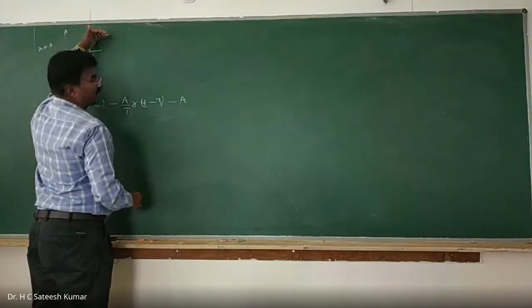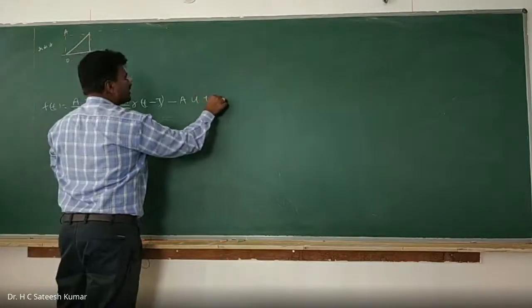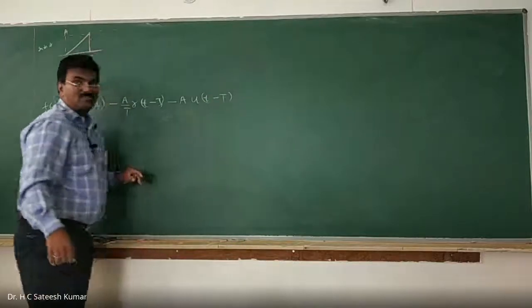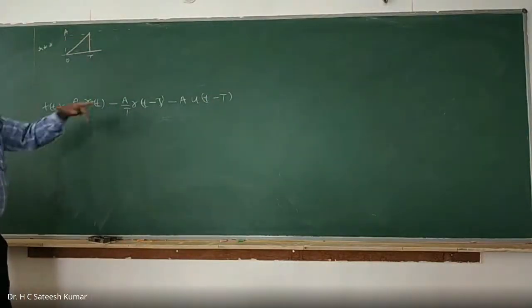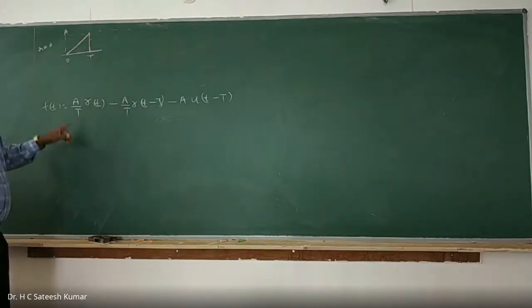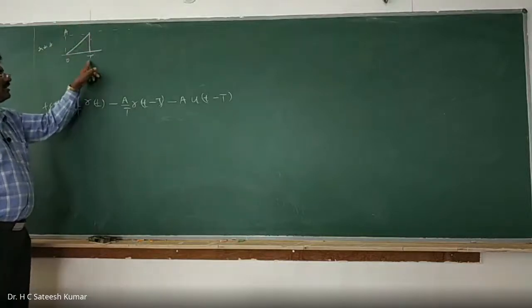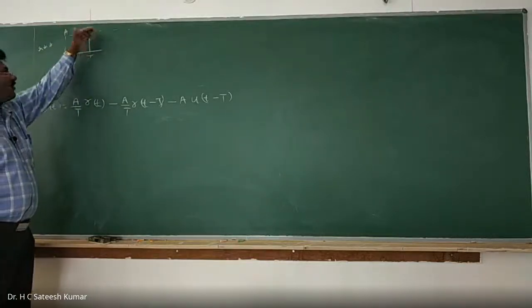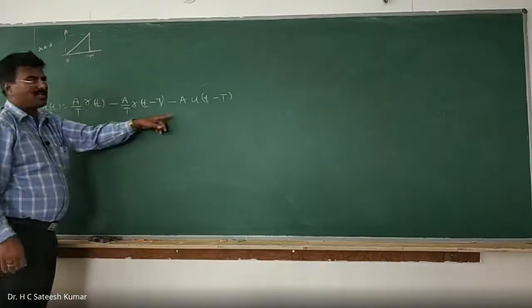It's not a ramp; it should come down by a step, u of t minus T. That's why minus A, the step size is A here. So the ramp is going like this, and at T it is cut by this one. After that, it's going like this, but I want to make it 0 from T itself. That's why minus A.